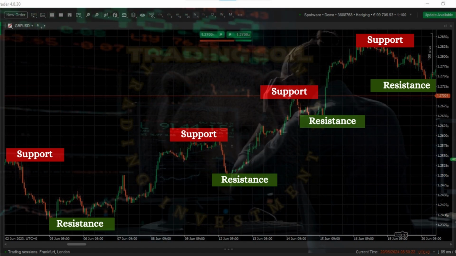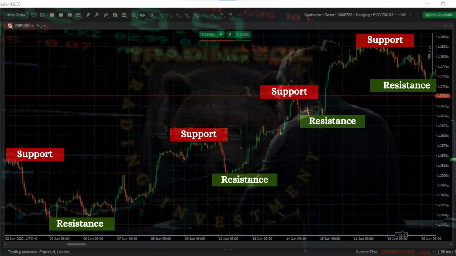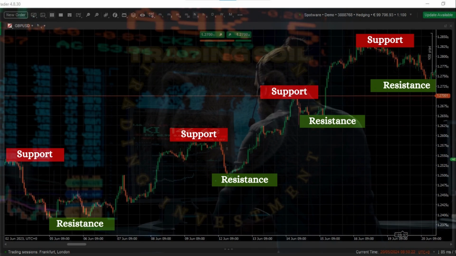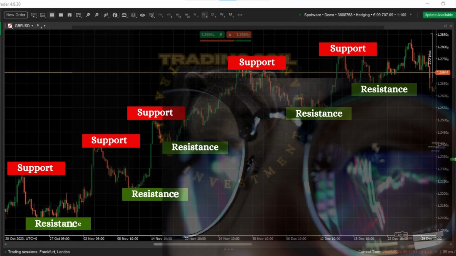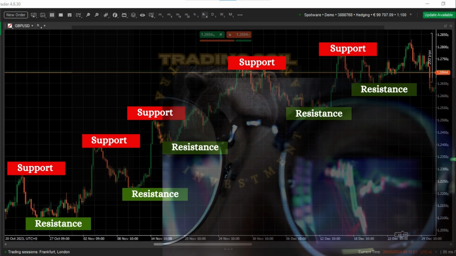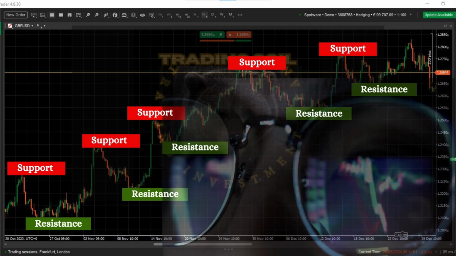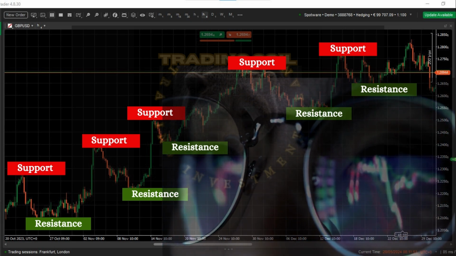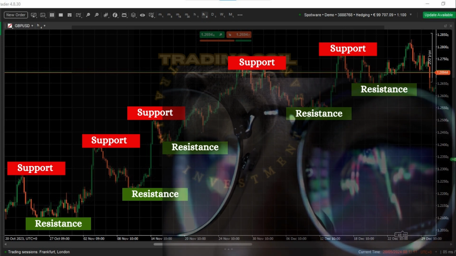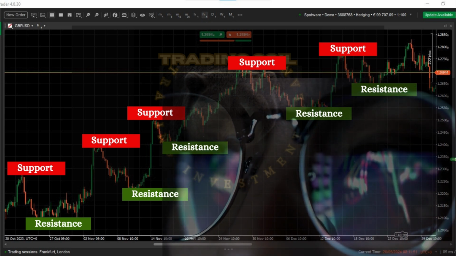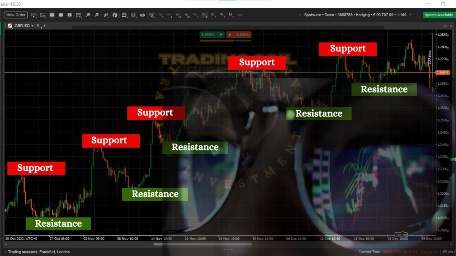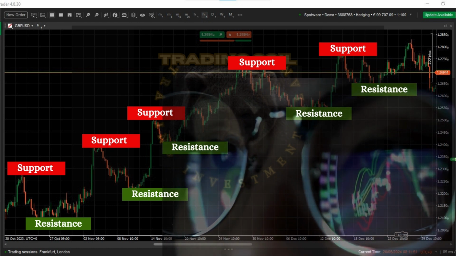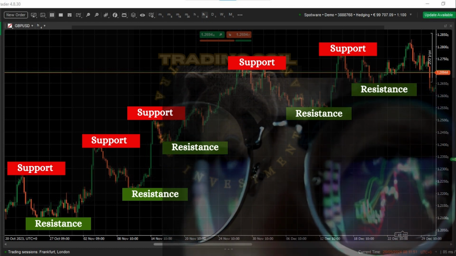And this is why you will always see a pullback in any trend direction, because traders or participants will always demand a discount to get involved in the trend movement. And the market makers also understand this, and that is why they will always support the price in order to push it back a bit to meet the demand of traders.